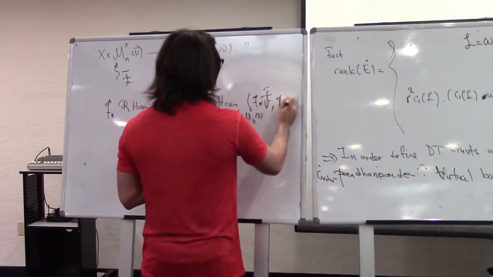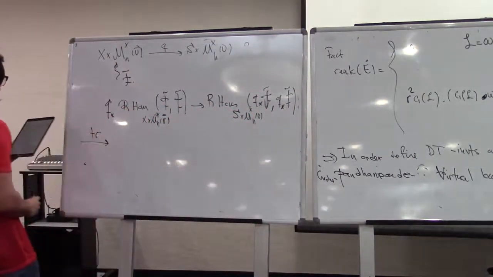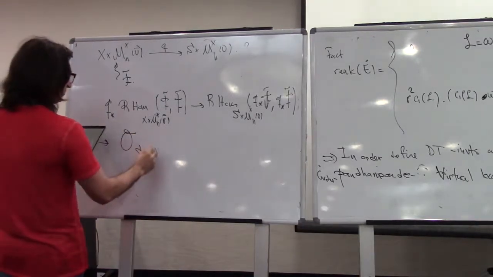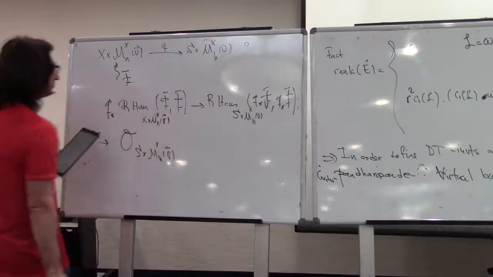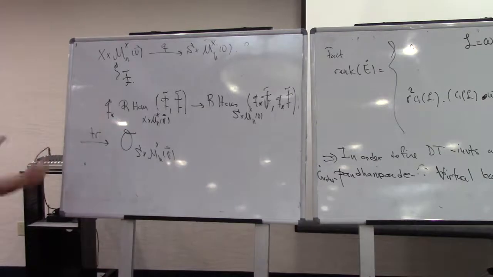So something like that. And then you can define a trace map, and this maps you to the structure sheaf of the moduli space. So this composite map gives you a complex.